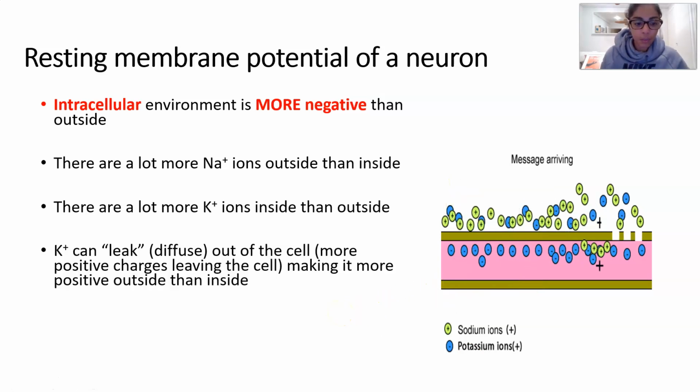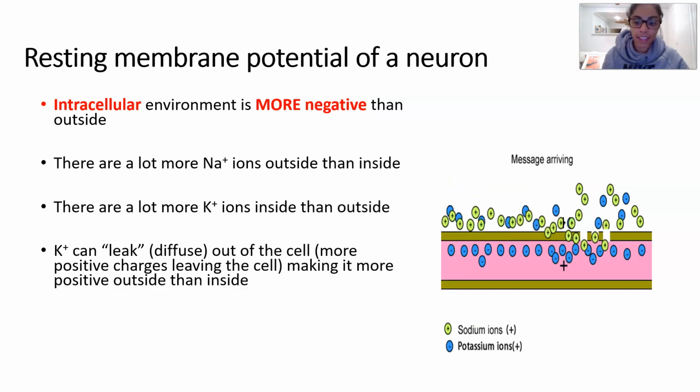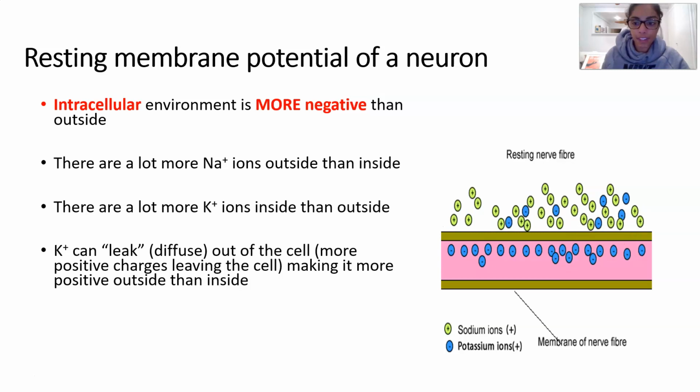What we tend to find with the axon membrane is that the potassium can easily get out of the membrane. So it's the way that the membrane is formed, it's a little bit leaky to potassium ions.